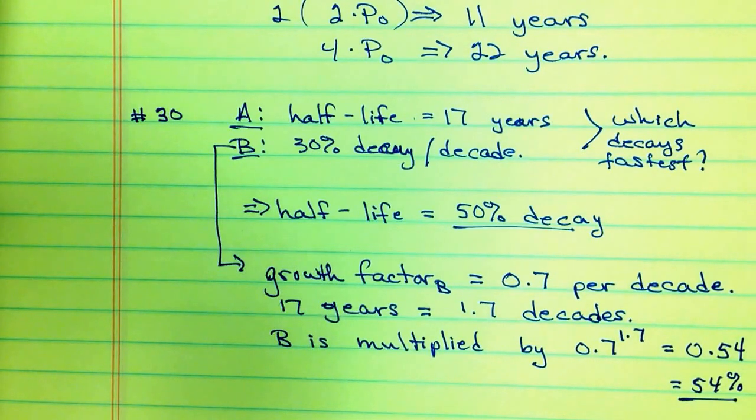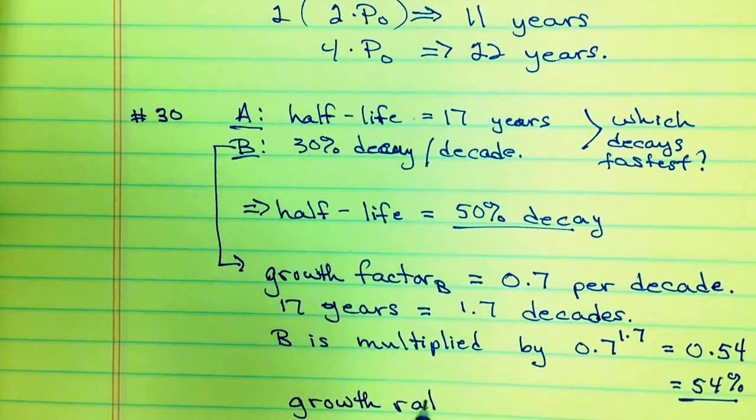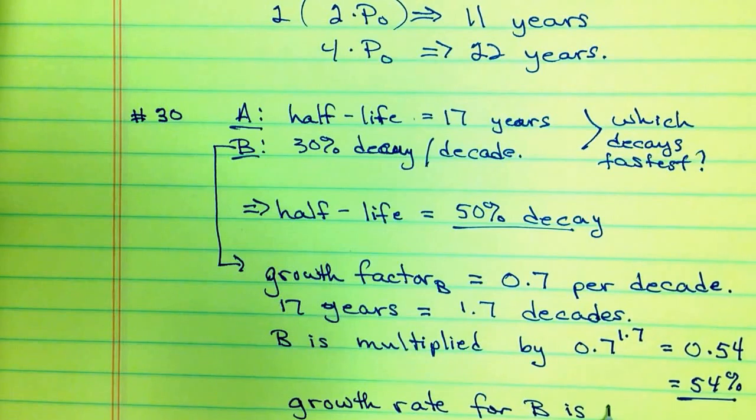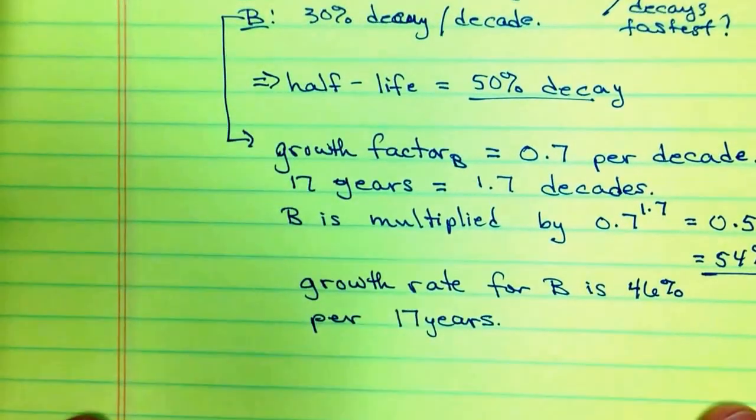Right? So since I'm being multiplied by this, the decay rate for B is 46% per 17 years. I lost you again, per 17 years.